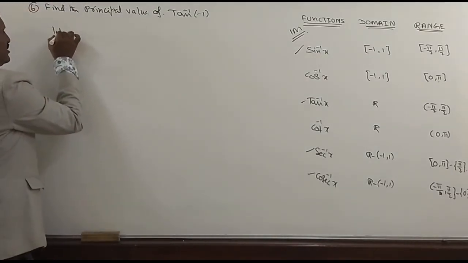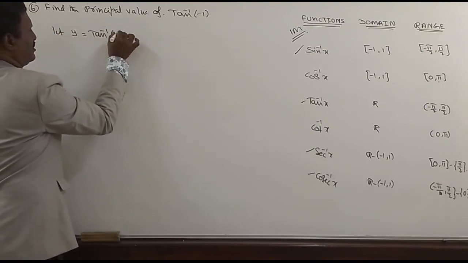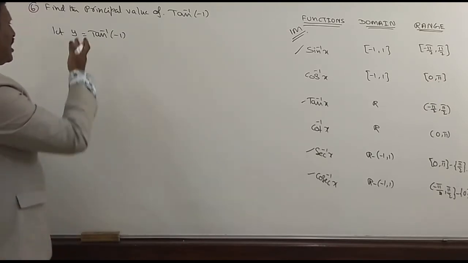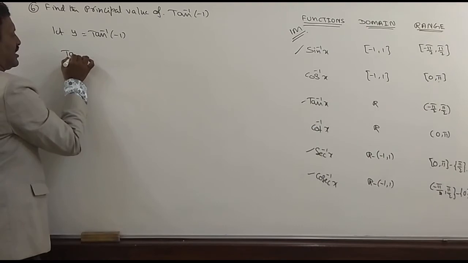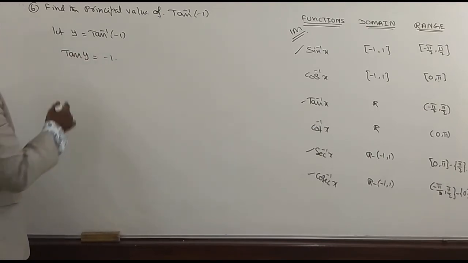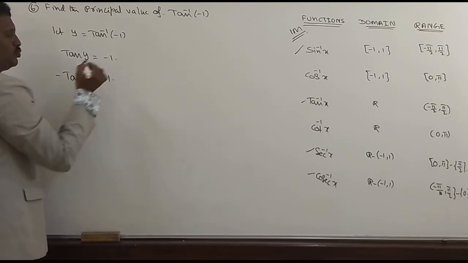Here, to solve this, let y is equal to tan inverse of minus 1. Tan inverse stayed on the left hand side. We can write tan y is equal to minus 1. Now multiply by minus sign. We can write minus tan y is equal to 1.